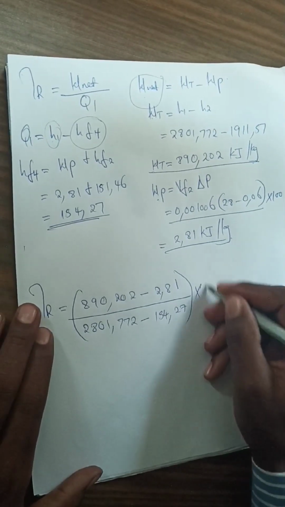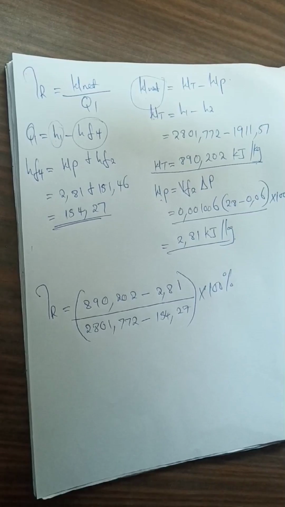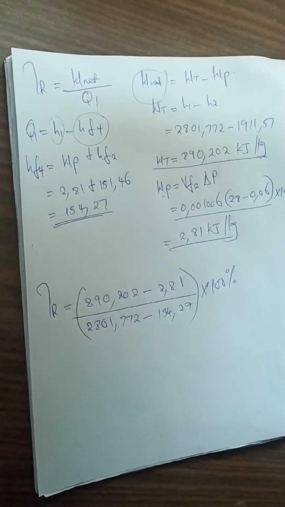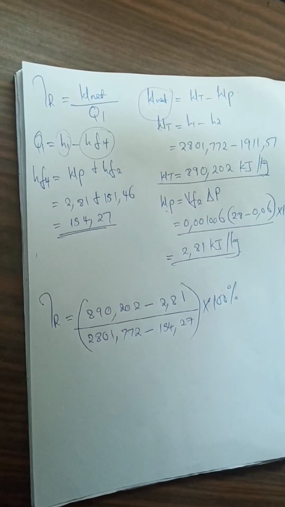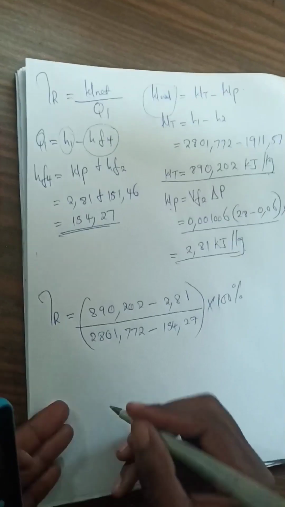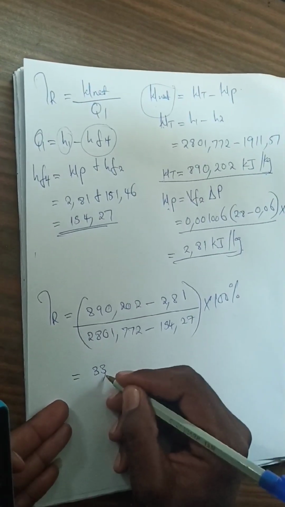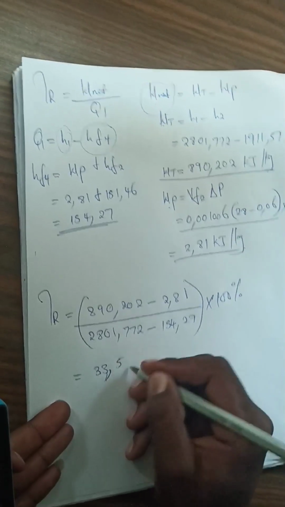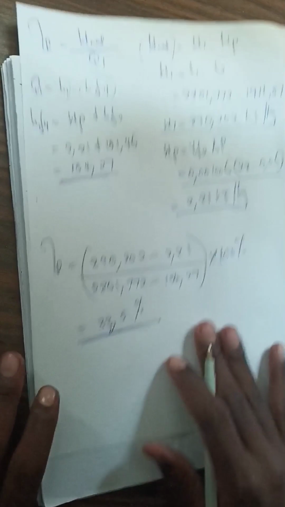If we are finding efficiency, you have to multiply the answer by 100%. If we punch our calculator here, we are going to see that our answer is 33.5%. So we are done with efficiency.